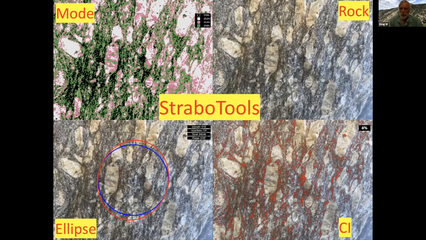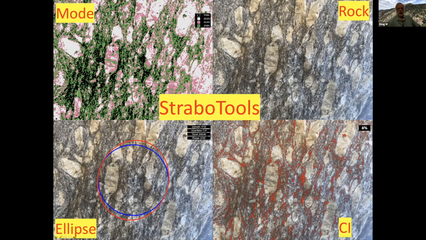There's another component to this that we've been working on, Alan Glazner and I, called Strabo Tools. And this is sort of the first cut, very repeatable way of doing things like taking a picture of a rock, looking at its color index.